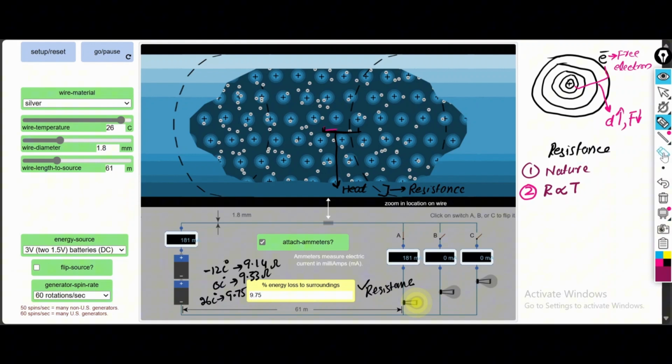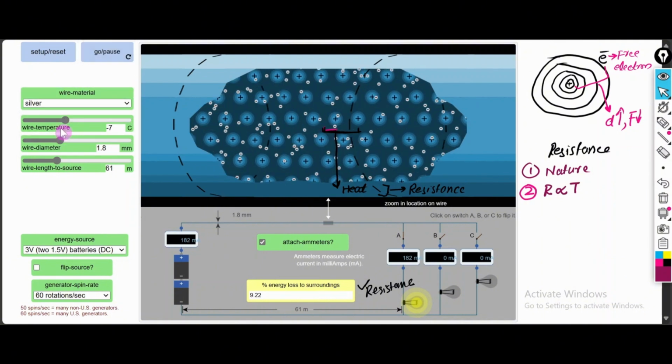Now I'm going to rub this and see the resistance by changing the other knob. Now I am taking this constant here, and now I am going to change the wire diameter, the cross-sectional area of this wire.